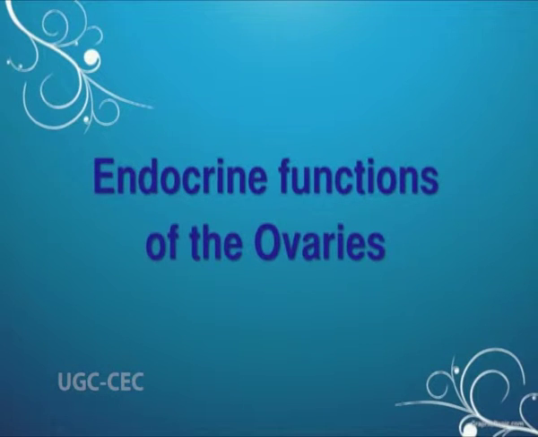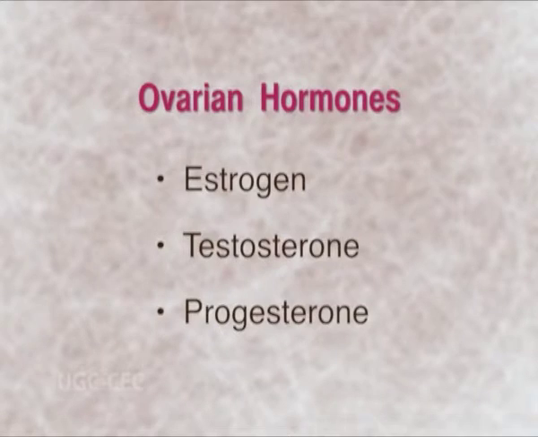Endocrine functions of the ovaries. Ovaries secrete estrogen, testosterone, and progesterone hormone. In women, 50% of testosterone is produced by the ovaries and adrenal glands and released directly into the bloodstream.